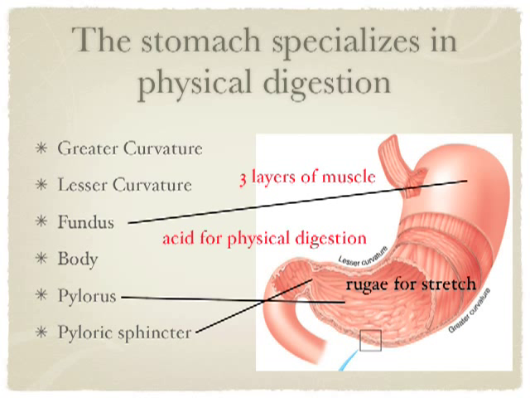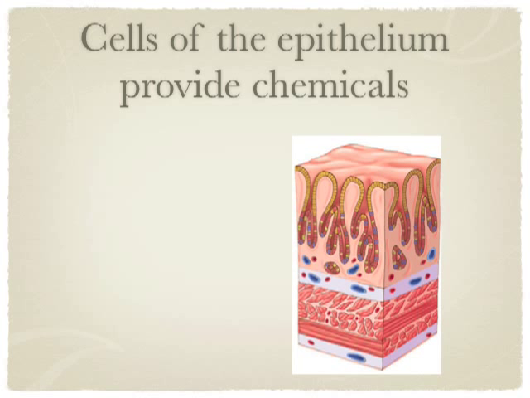Okay? So all of this now creates that churning action. And that churning action that you see here churns the chyme over and over. The waves of muscular contraction from the proximal end down toward the distal end, from where the food comes in down towards where it would go out, just continually churns the food.